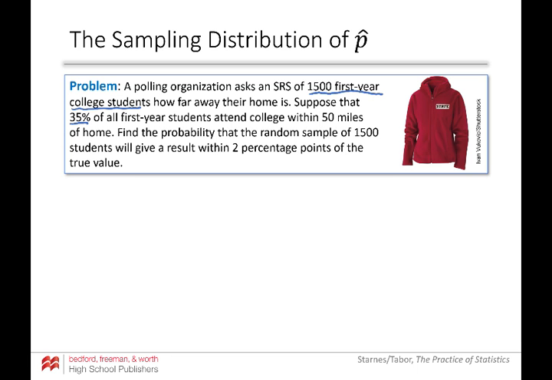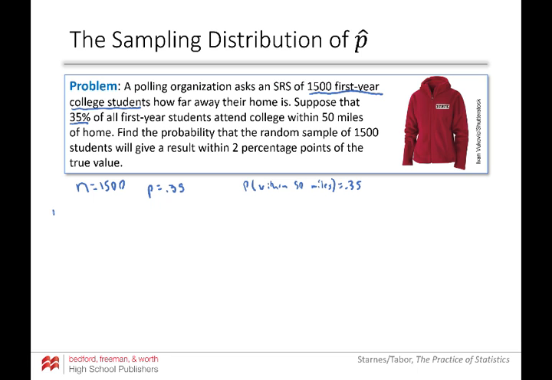First of all, I'm going to define that my N equals 1,500, and my true proportion is 0.35. Again, that's the probability that a student lives within 50 miles of his home.